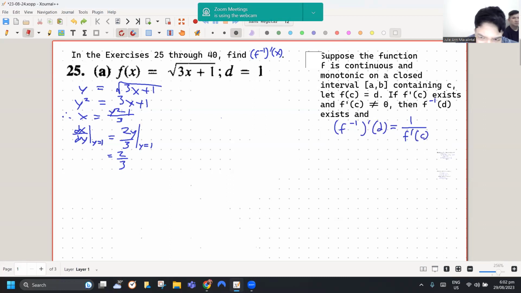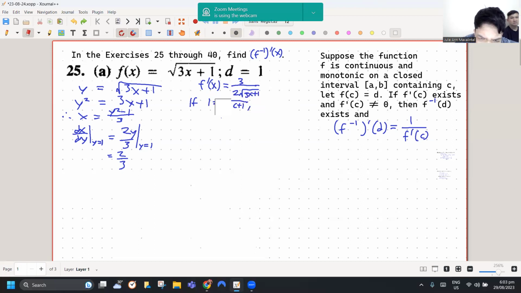Now, it might be hard to understand, so we will make an example using this problem. Let's start with the derivative. The derivative of a square root is the derivative of what's inside the square root, so in this case it's 3 over 2 times the square root of 3x plus 1. Now we will solve for c. If 1 is equal to the square root of 3x plus 1, we make x into c so we can solve for it.